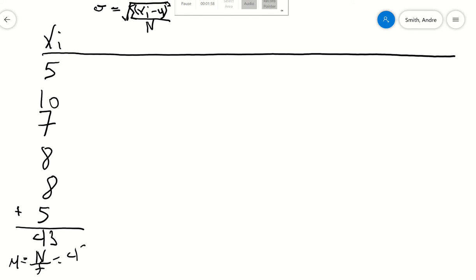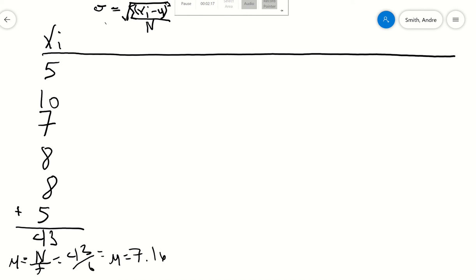In this case, it's 43, and there are 1, 2, 3, 4, 5, 6 observations. That gives us a mu of 7.16, right? So that's step number 1.